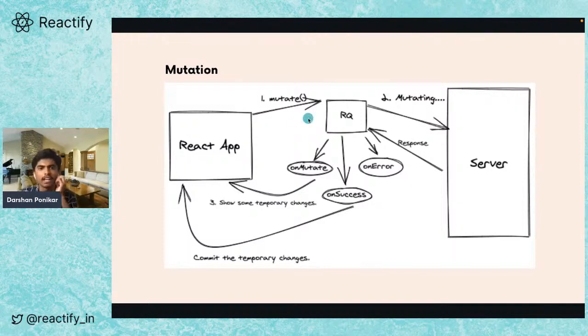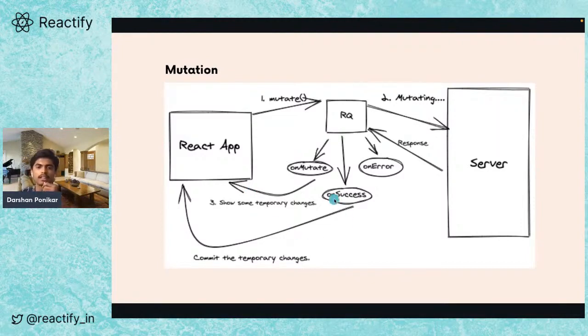So React query provides you a mutation which has listeners like on mutate, on success, and on error. These callbacks will be called on a particular event. Let's suppose you just invoke a mutate. The on mutate callback will be invoked, so you can show a temporary message, like hey, hold on, we are just sending your request to the server.